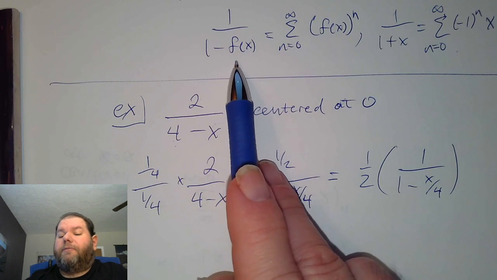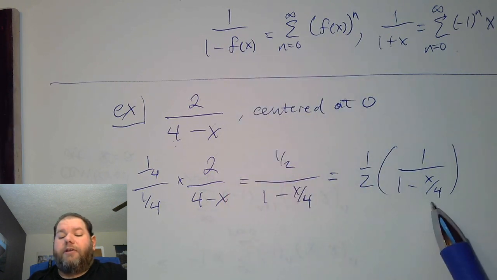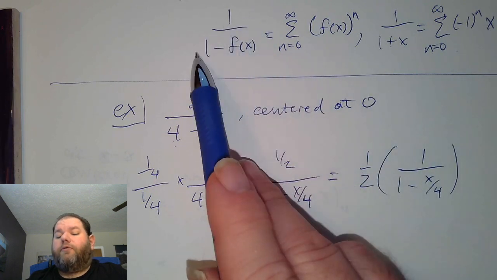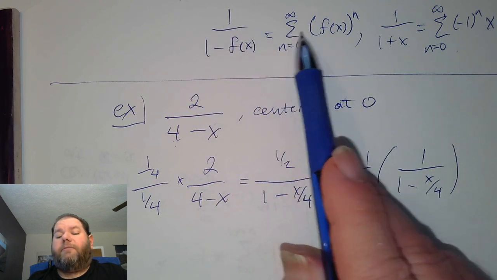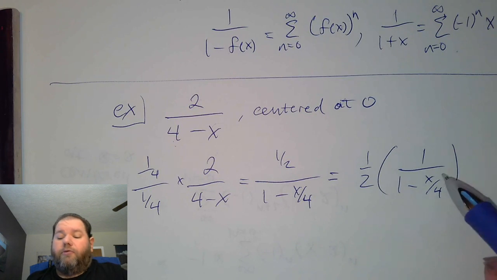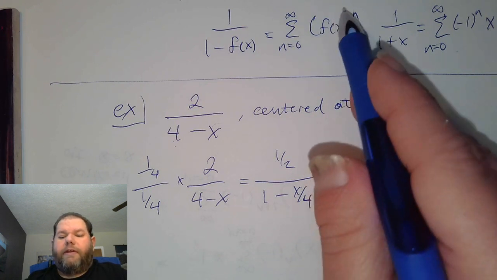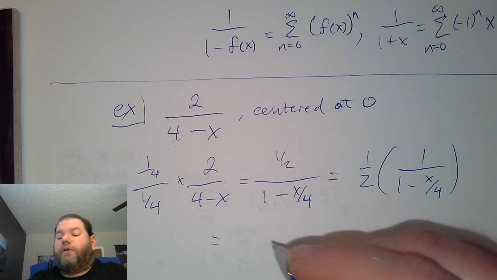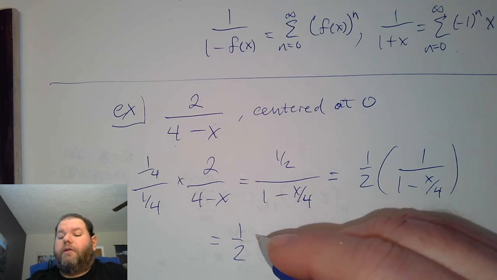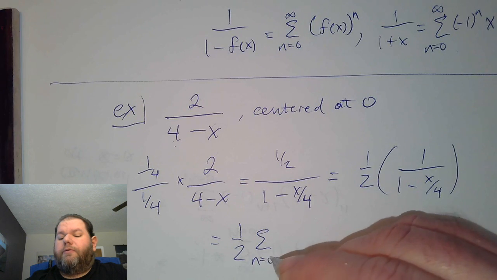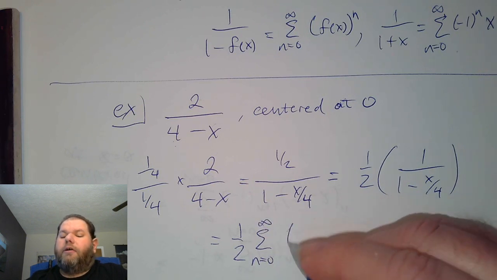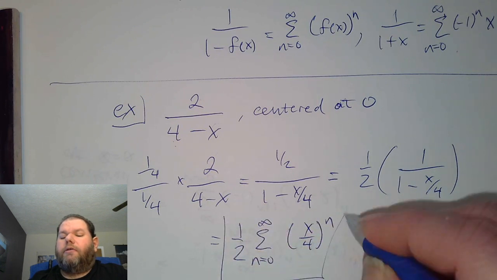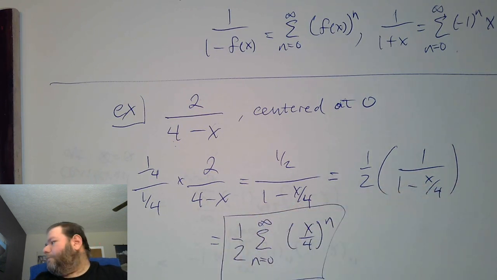And so this is probably the best description of how we need to translate this into a power series, because if we have 1 over 1 minus f of x, we know it's the sum of f of x to the n. And we'll just use x over 4 as our f of x. Okay, so that'll be 1/2 times the sum n equals 0 to infinity of x over 4 to the n.